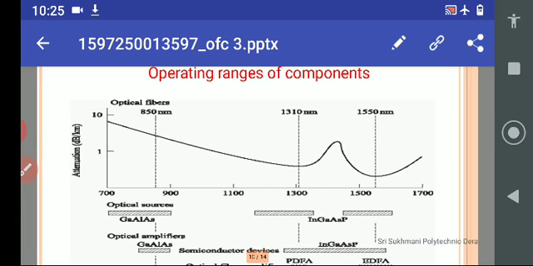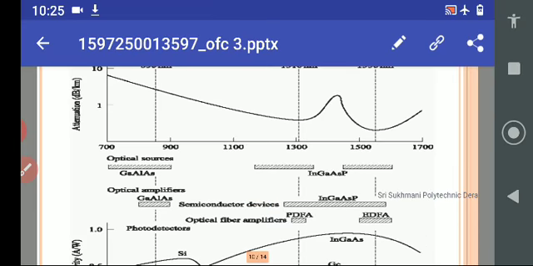Then we have operating ranges of components. We can choose multiple optical sources, and these optical sources are composed of different materials. We can choose gallium aluminum arsenide as an optical source. We can choose indium gallium arsenide phosphide for different applications.